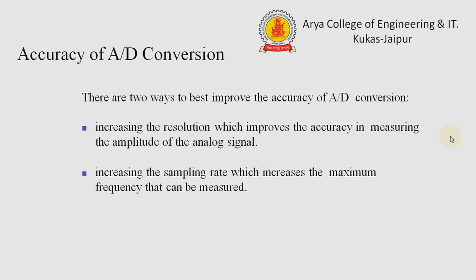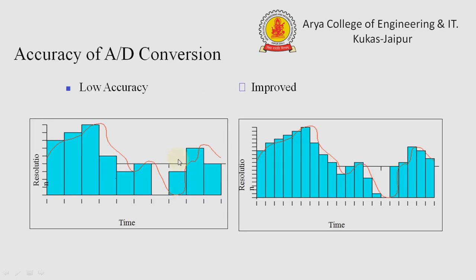The accuracy of digital AD conversion depends on two things: increasing the resolution, which improves the accuracy in measuring the amplitude of the analog signal, and increasing the sampling rate, which increases the maximum frequency that can be measured. Here it is shown by a graphical diagram. Here is the low resolution and low sampling rate.